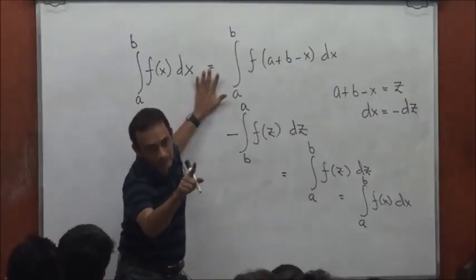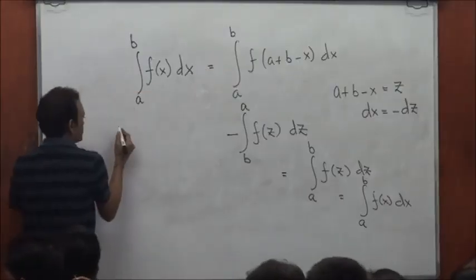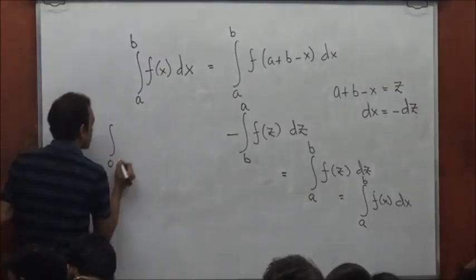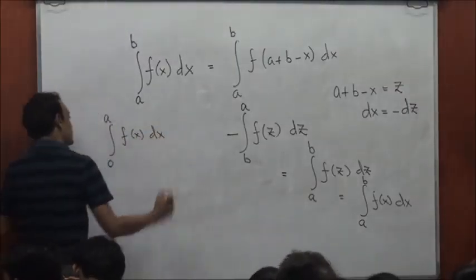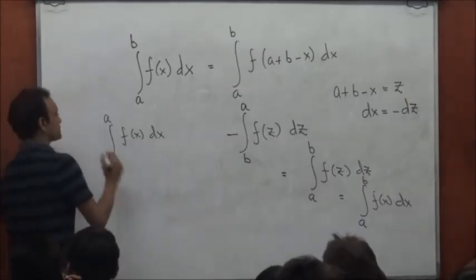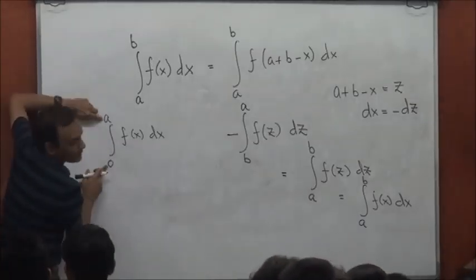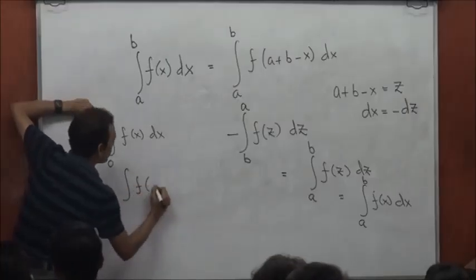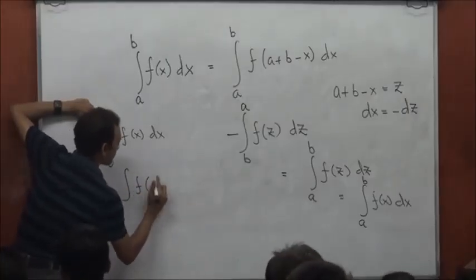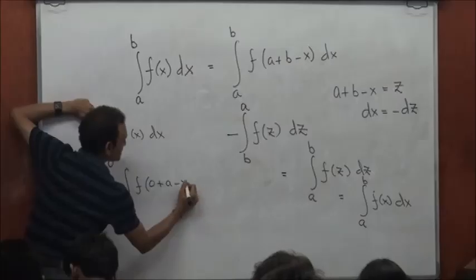You know what I'm saying? A corollary of this property: integral 0 to a f(x) dx. See, in this case a is 0 and b is a. So this I could write as integral f of 0 plus a minus x dx.